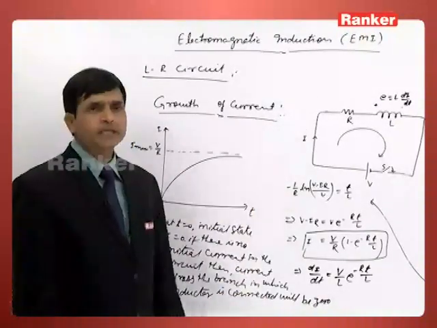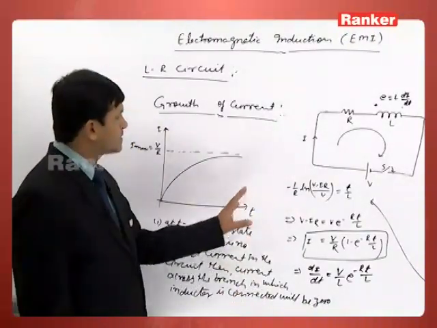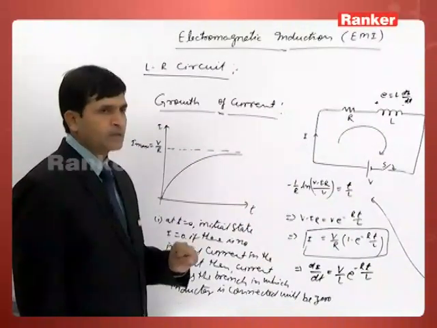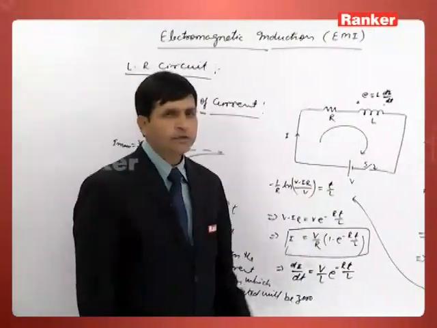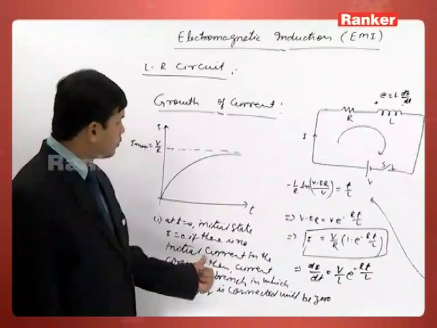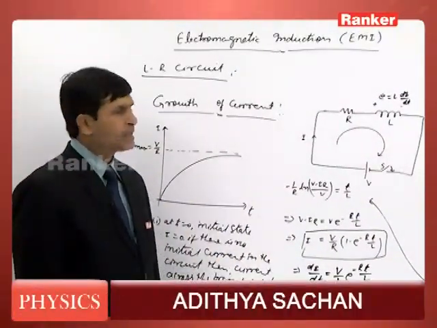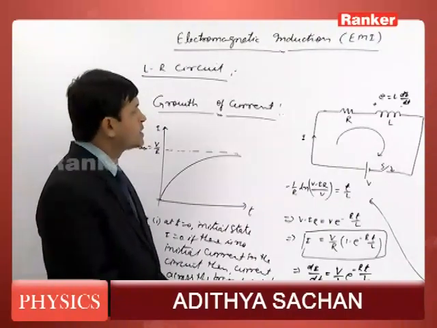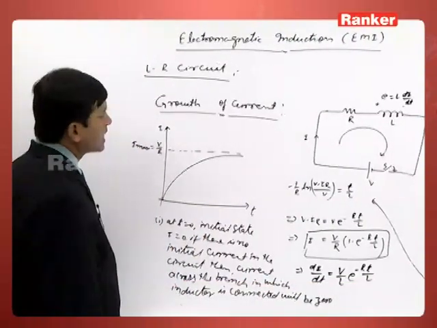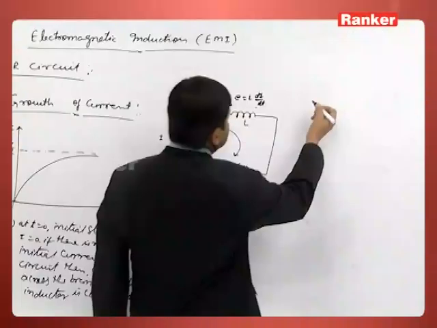It means if there is no current in the circuit initially, and even after we have closed the switch, there will be no current in that branch across which the inductor is connected. So we can make our circuit like that.